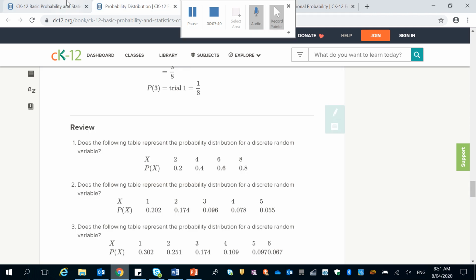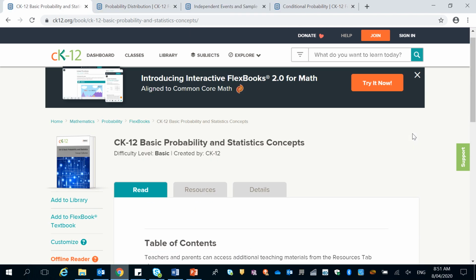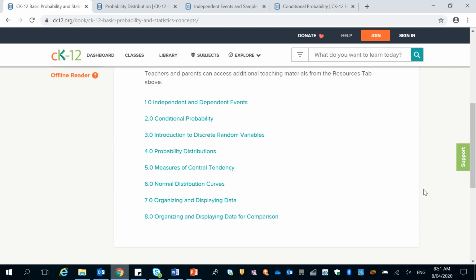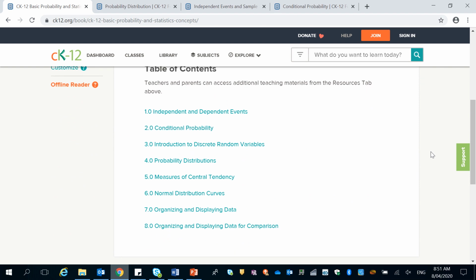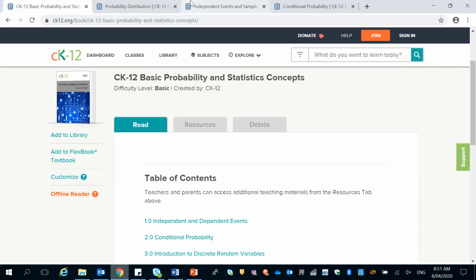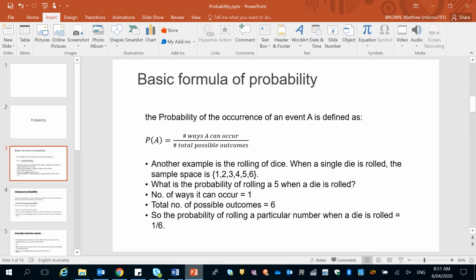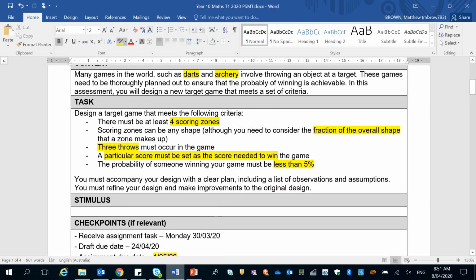Where are we? Here we go. CK12, Basic Probability and Statistics Concepts. And it's basically an online interactive textbook. I will be including this link in eLearn. Going through that, going through the PowerPoint, using your understanding of what we have done is the best thing that you can do for approaching this assignment.